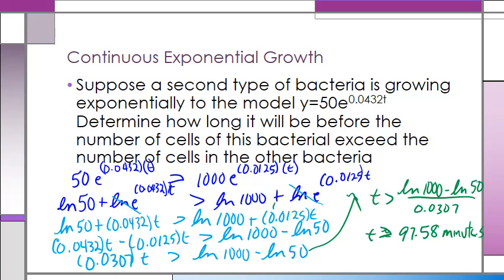So this bacteria here will exceed, even though it only starts off with 50, because it's growing at a faster rate, will exceed the bacteria that had an initial value of 1000 in 97.58 minutes. Shazam.